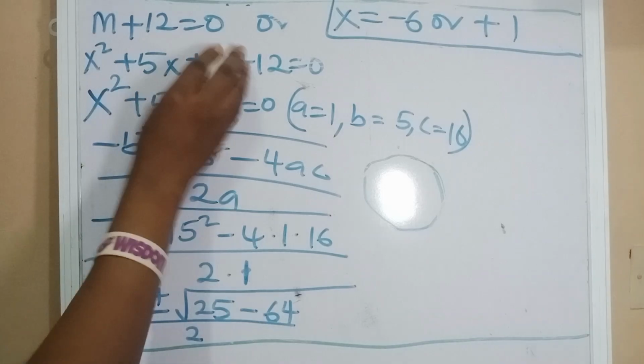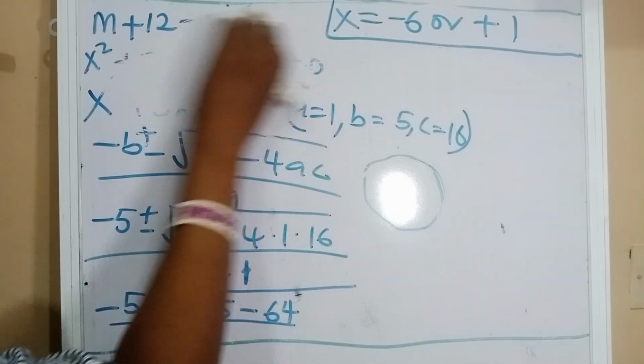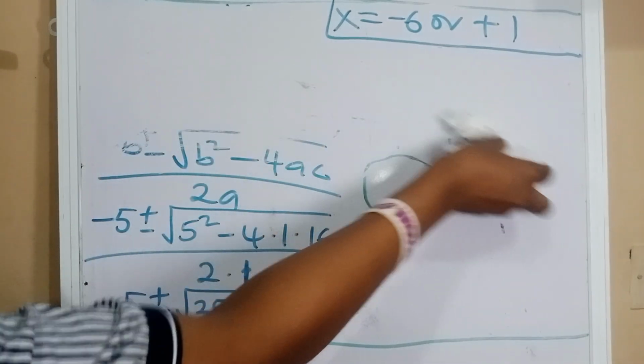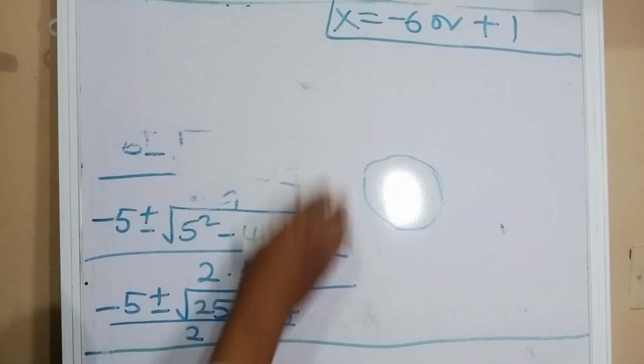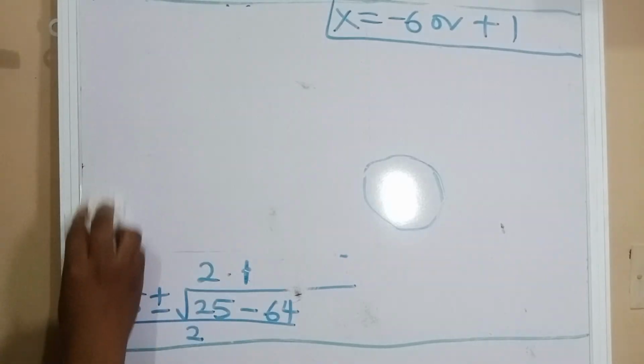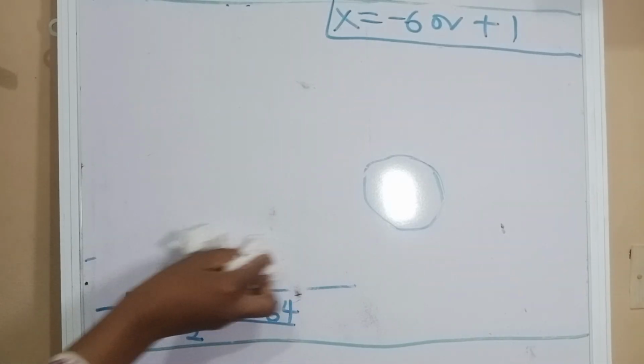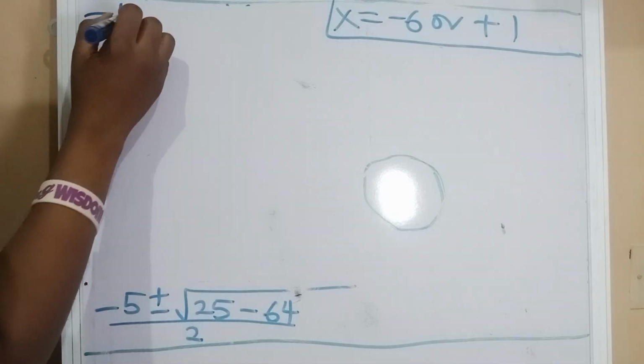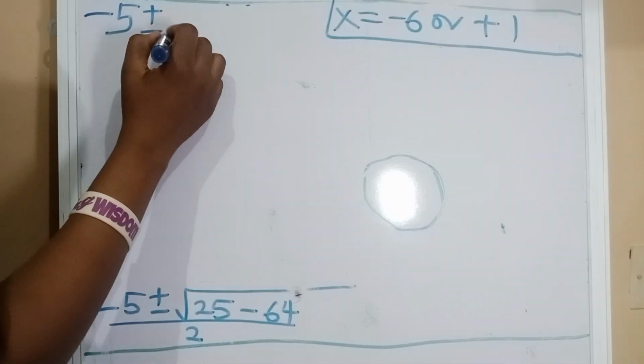So we wipe. So this is minus 5 plus or minus.